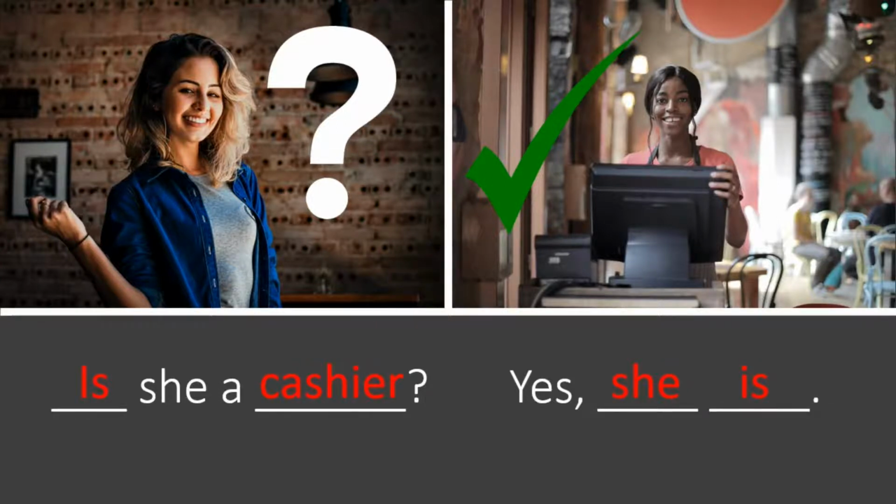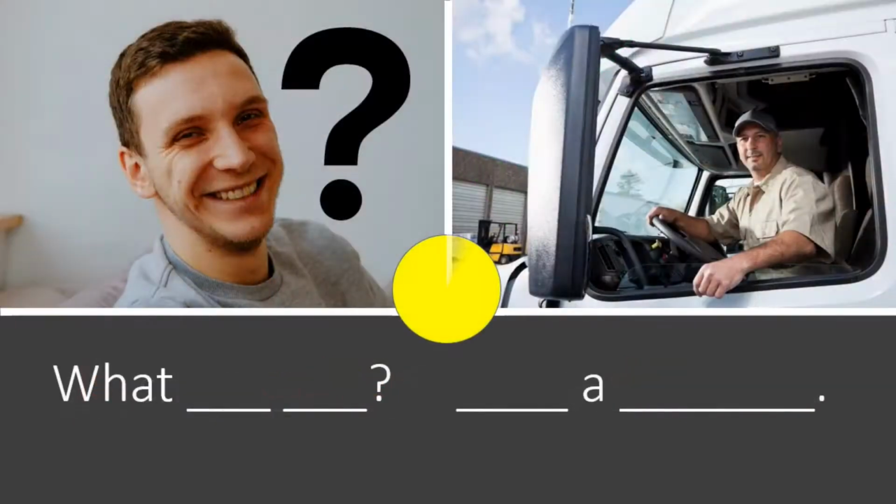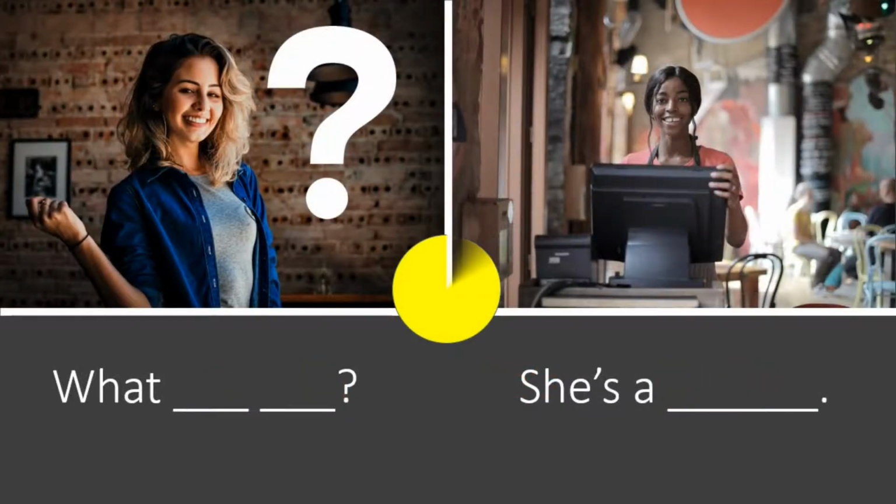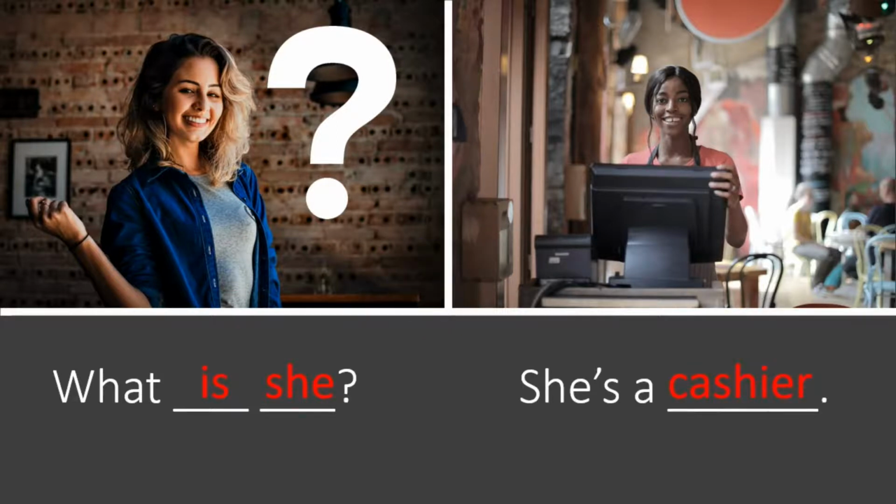Is she a cashier? Yes, she is. What is he? He's a driver. What is she? She's a cashier.